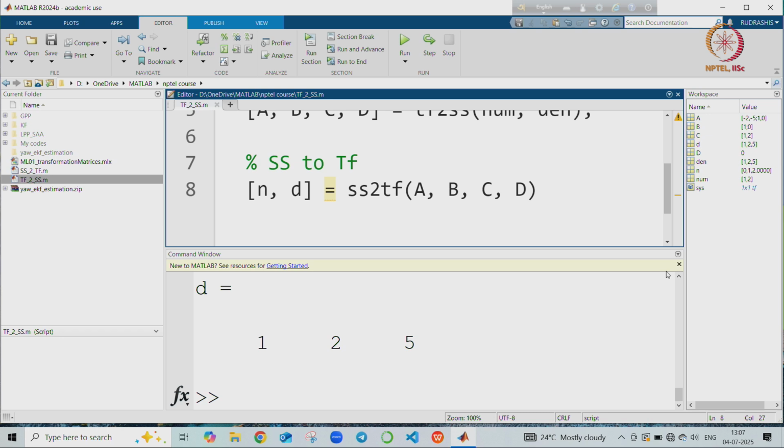So you have to analyze the systems as per their requirement, and I encourage you to solve as many problems as possible. The suggestion is that first you take a system, say A, B, C, D, and mathematically try to find the transfer function.